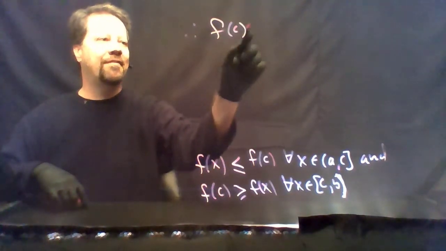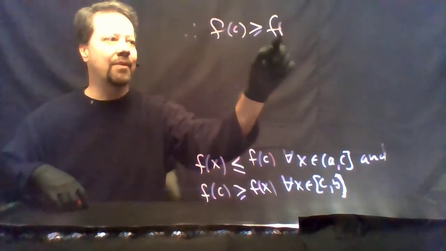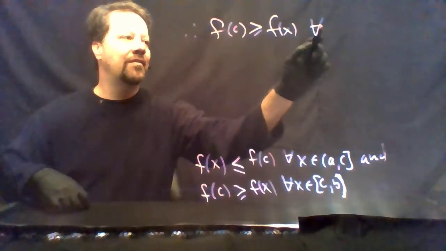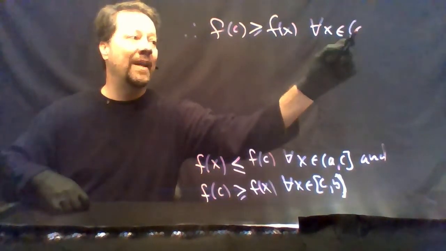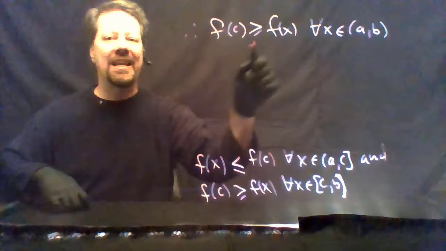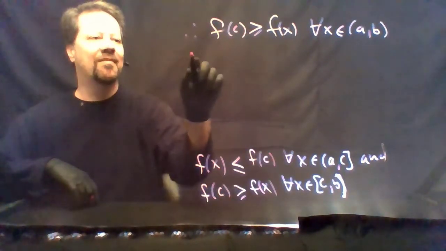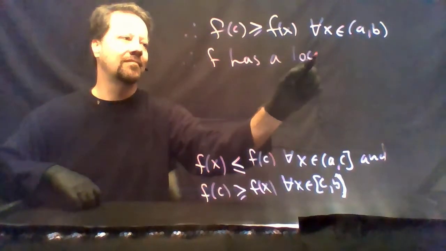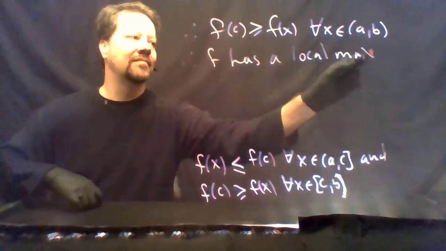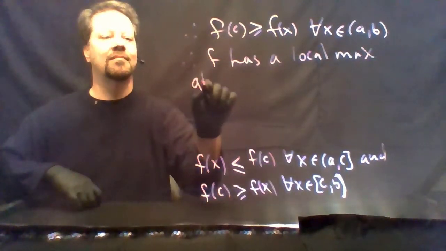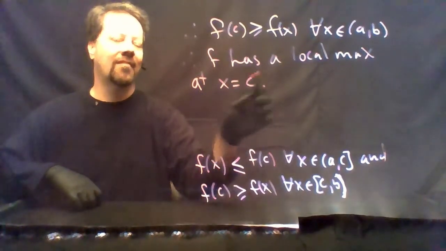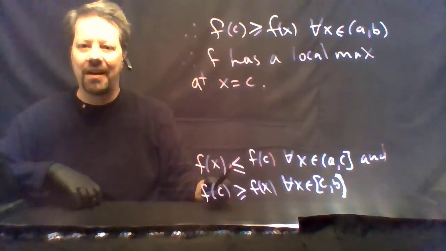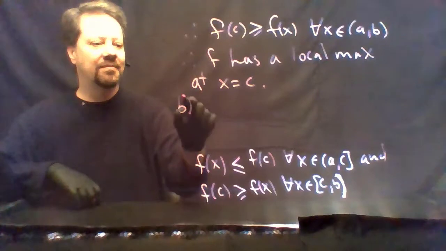Therefore, f of c is greater than or equal to f of x for all x between a and b, but that's what it means to be a local max. The other part follows similarly.